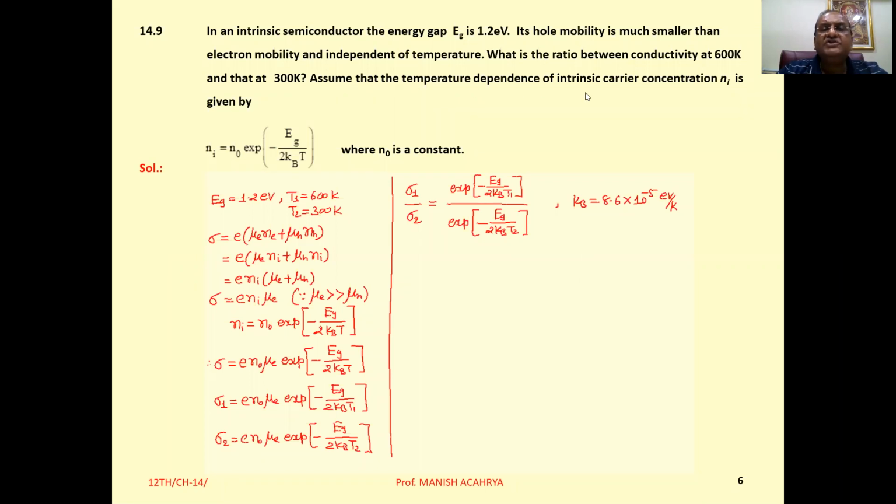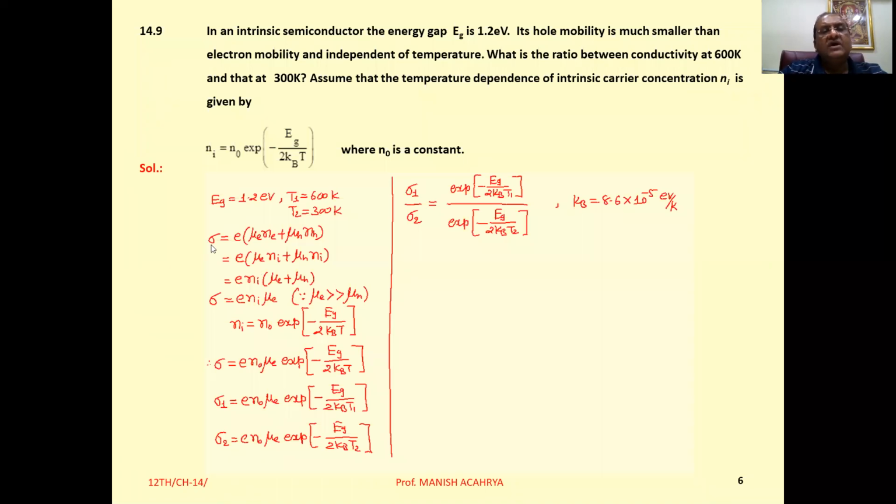Assume that the temperature dependence of intrinsic carrier concentration Ni is given by Ni equal to N0 exponential minus Eg upon 2 kBT, where N0 is a constant. Now see, Eg that is given to you 1.2 electron volt, temperature T1 600 Kelvin, T2 that is 300 Kelvin.